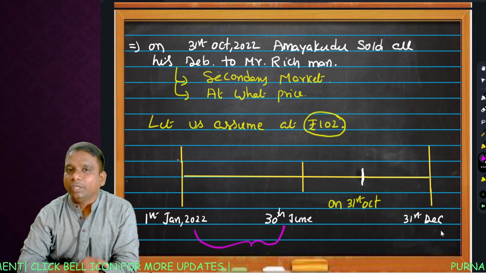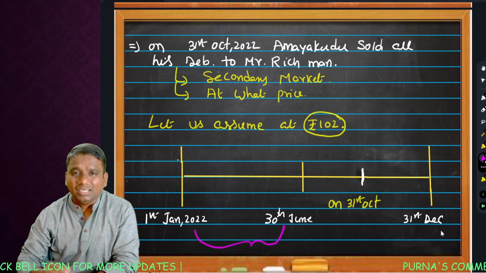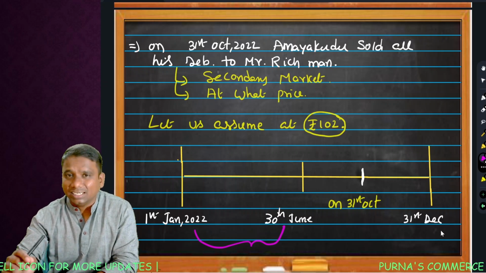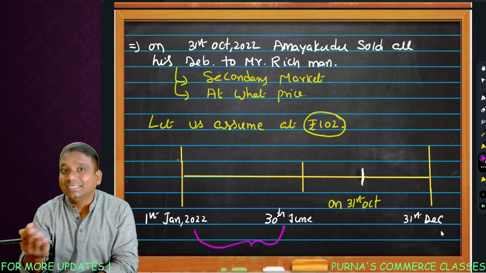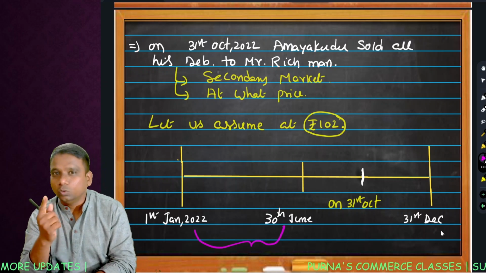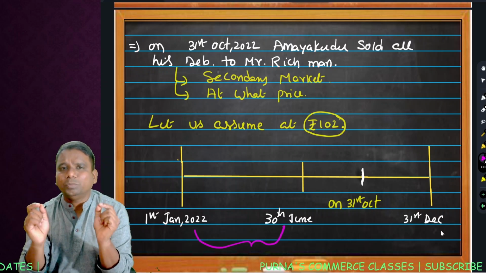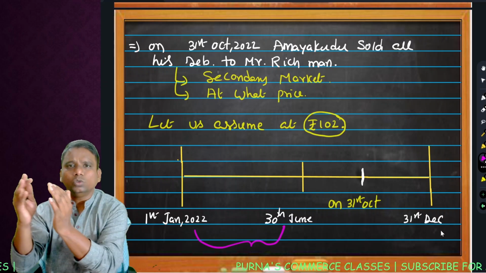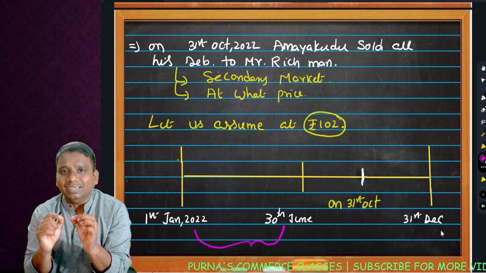But I am selling my investments to you on 31st October. So on 31st December, who receives interest? You only. Obviously, on the date of payment of interest, the person who is holding the debentures is eligible to receive the interest.